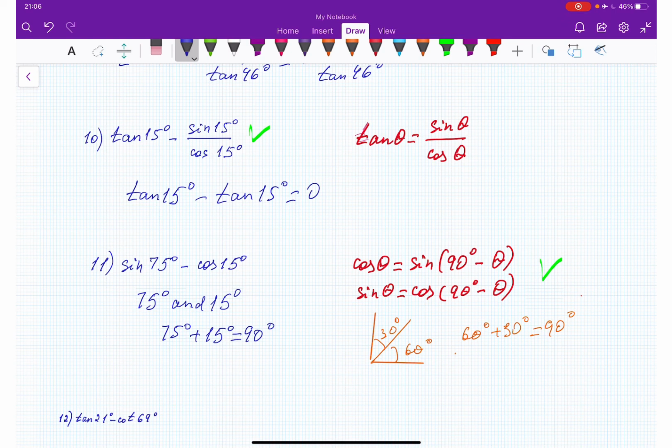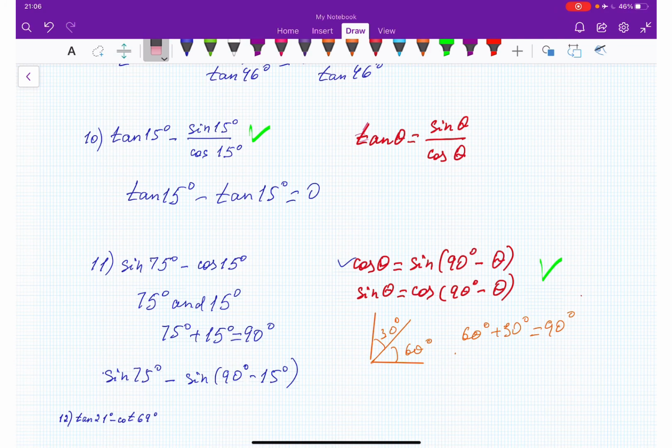So, what does that give me? I can write down sine 75 degrees minus cosine 15 degrees. I can write sine of 90 degrees minus 15 degrees based on this formula.